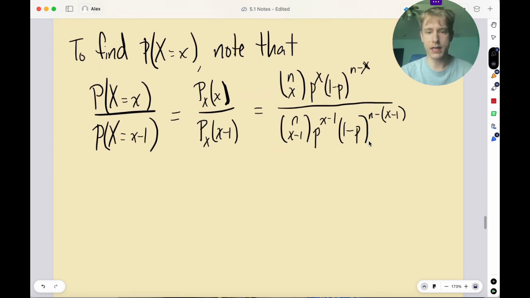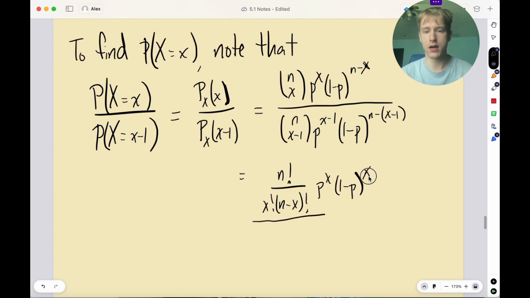And then this is going to equal, well, those binomial coefficients, right? So we're going to have that this is, by definition, n factorial divided by x factorial n minus x factorial times the rest of this. That's the numerator.